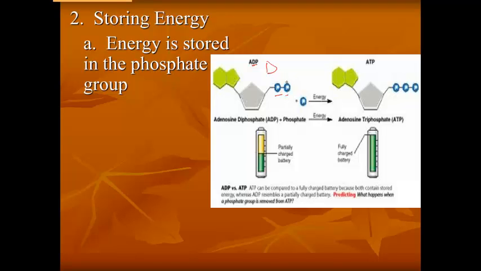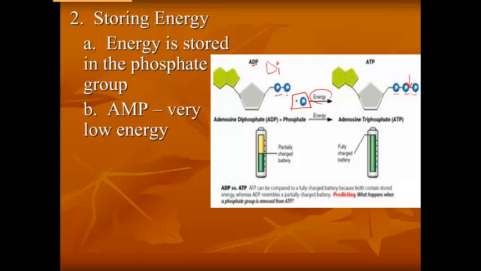Notice there's only 2 phosphates, so it's adenosine diphosphate. When it adds a phosphate right here so that it becomes ATP, and we have 3 of them, notice that energy is involved. So energy has to be put into that bond right here that's holding the 2 phosphates together. And when energy is attached with that phosphate, it's held in that phosphate, and later when we break the bond, the energy is released. So energy is stored in the phosphate group.